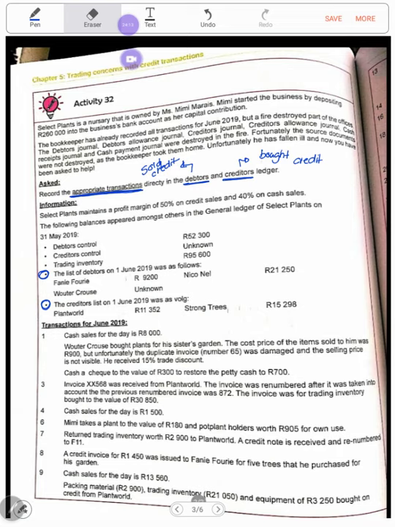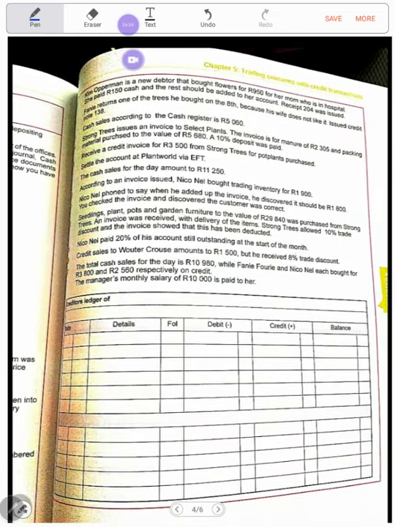Then number 8, you will see they say a credit invoice of 1,450 was issued to Fani Fourie for 5 trees.